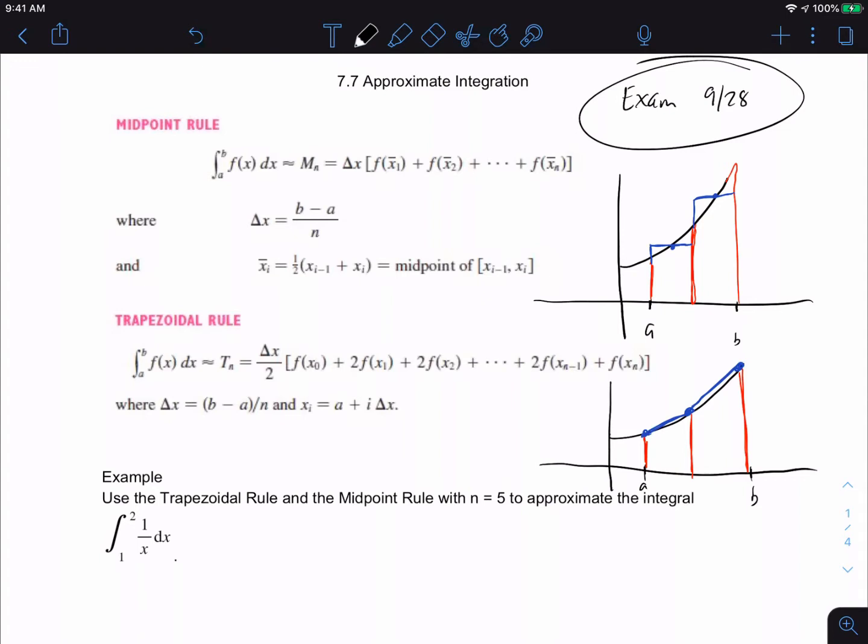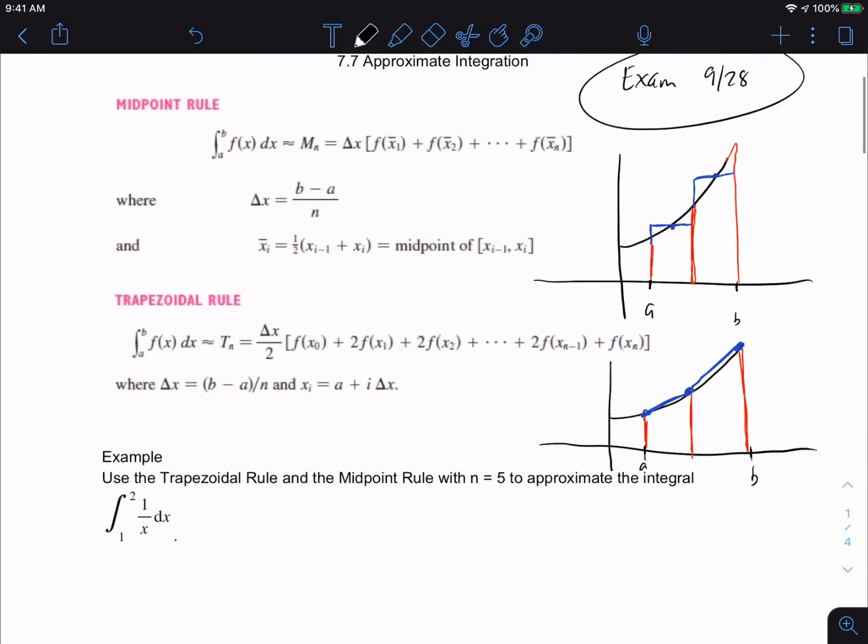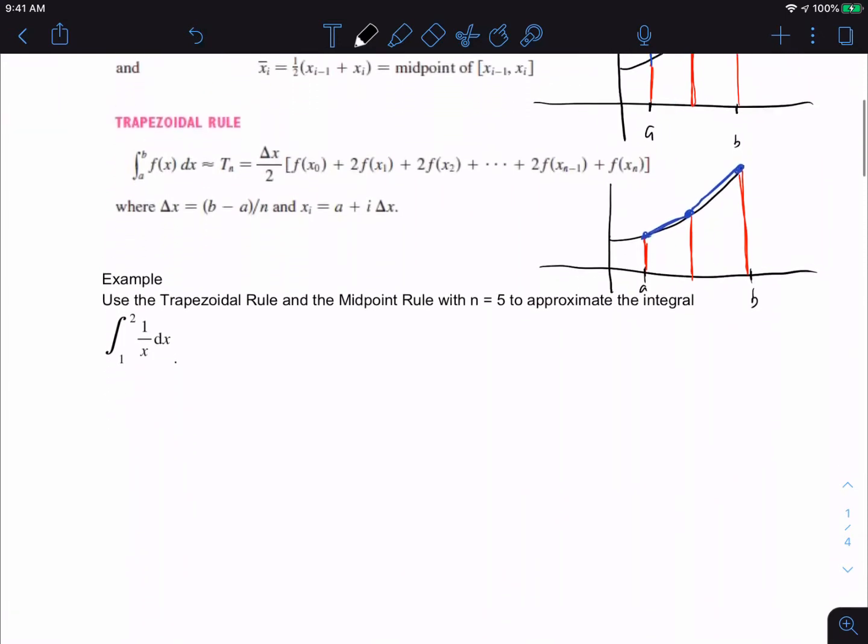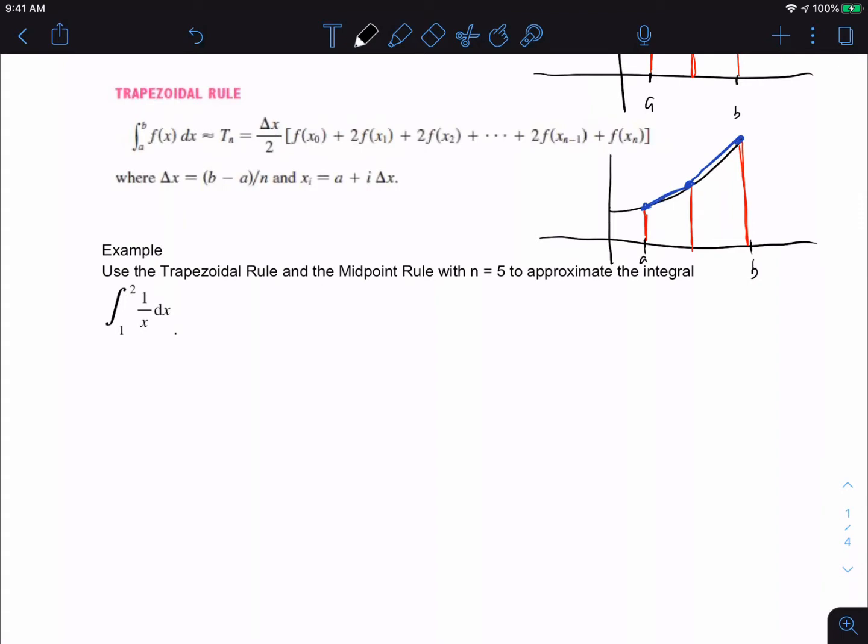So let me show you an example so we can go ahead and solve these problems, okay? In this first example, I'm going to try to find out the trapezoidal rule first, and then the midpoint rule, when I have an n of 5, to approximate this integral, okay?